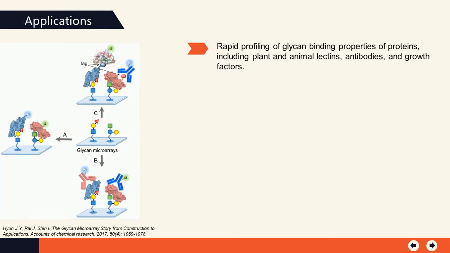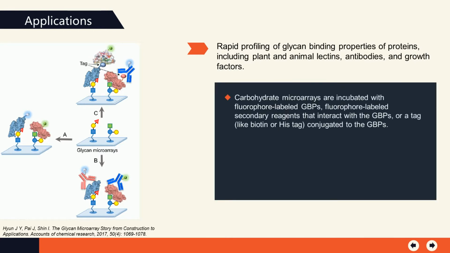There are many applications for glycan microarray. First, rapid profiling of glycan-binding properties of proteins, including plant and animal lectins, antibodies, and growth factors. To achieve the goals, carbohydrate microarrays are incubated with fluorophore-labeled glycan-binding proteins, fluorophore-labeled secondary reagents that interact with the glycan-binding proteins, or a tag, like biotin or His tag, conjugated to the glycan-binding proteins.